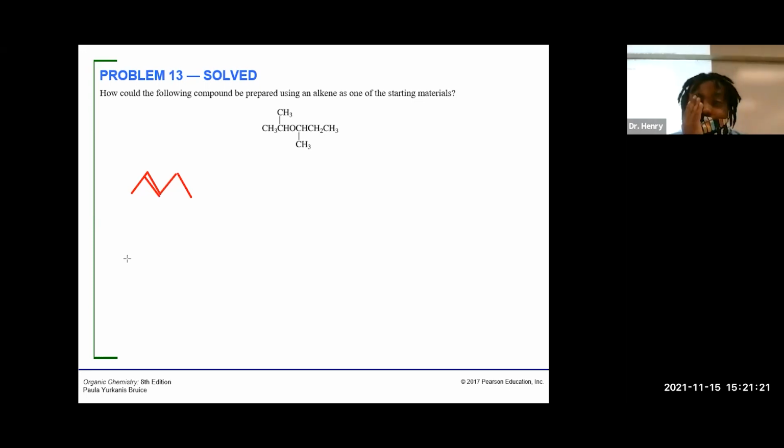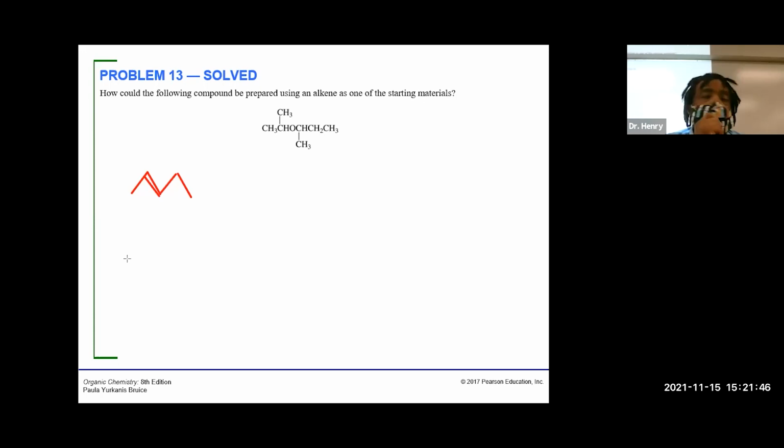Are you sure it's going to be a pentene? Yeah. It could be an ethanol, it could be a methanol, it could be a whatever. So it just needs to pair up at the end of the day.